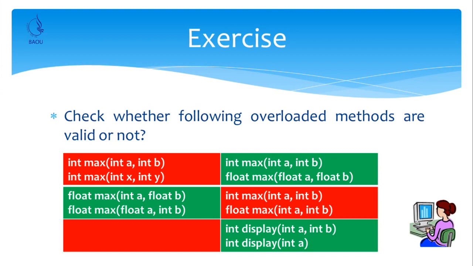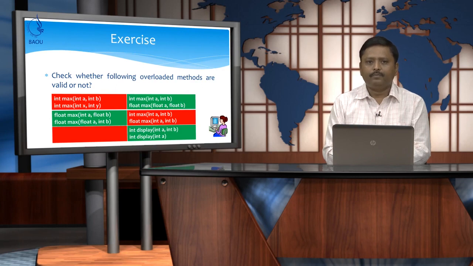The reason is that you must have a different parameter type or a different number of parameters. Here the parameters are of the same type. So, this is not valid, even though the argument names are different, because that does not make any sense.